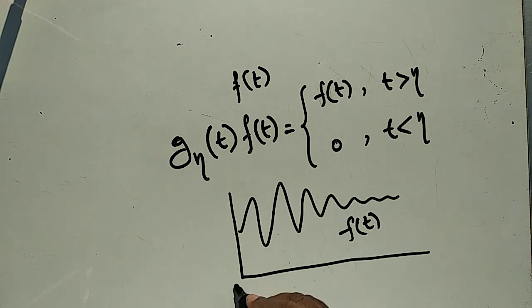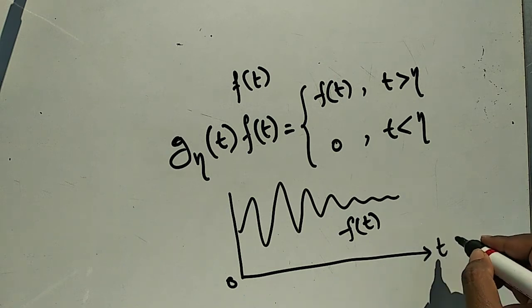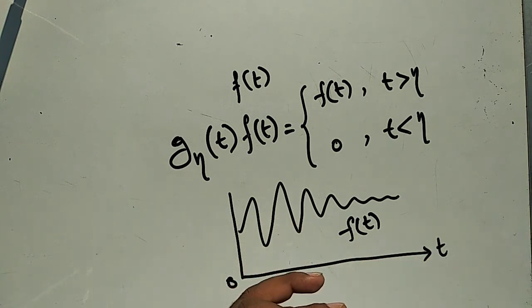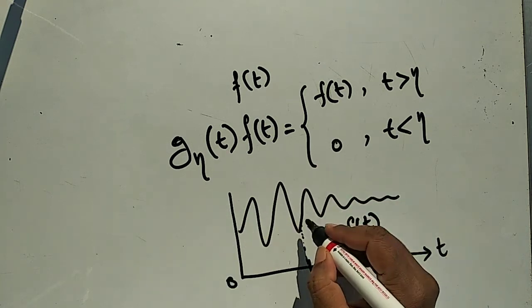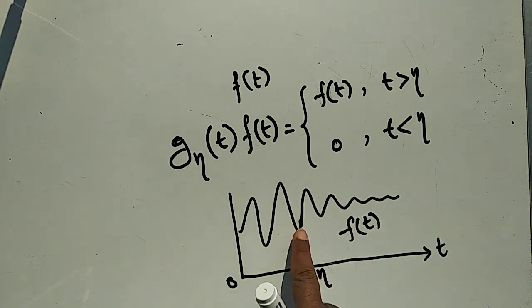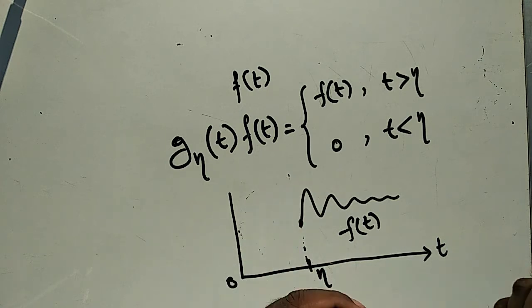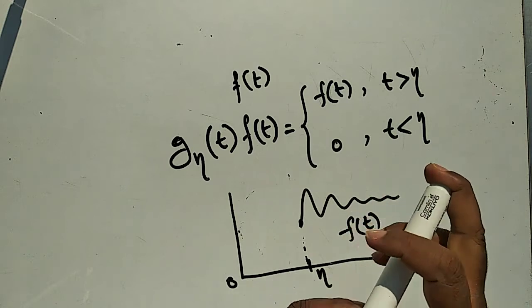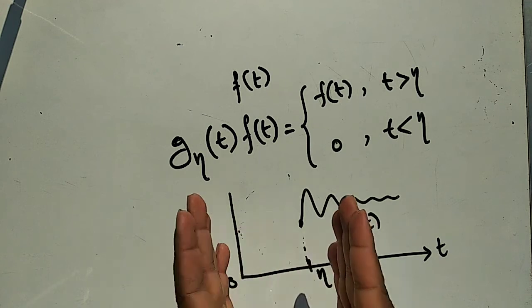Okay, starting from 0 tending towards this. So this is my t. So t started from 0. Now if this is my eta, then see, this function is a graph from here, so I'm not getting the actual function ft, part of it. Okay, some parts are missing.